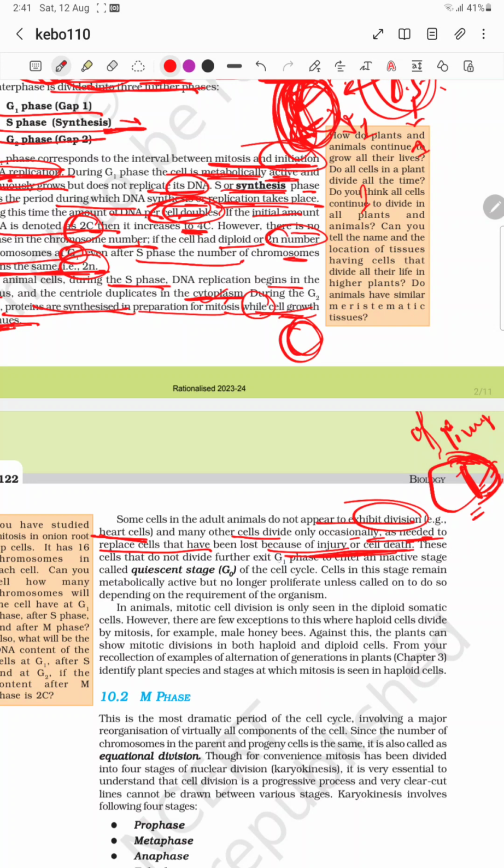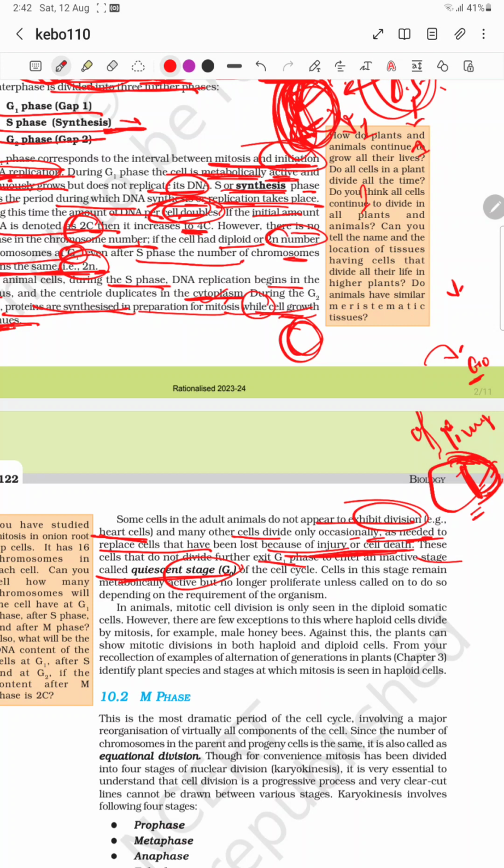These cells do not divide further, they exit G1 phase to enter an inactive stage called quiescent stage. Now the cell which does not divide does not need to replicate its DNA. So it exits after phase G1 and enters into a quiescent phase or stage which we call G0.